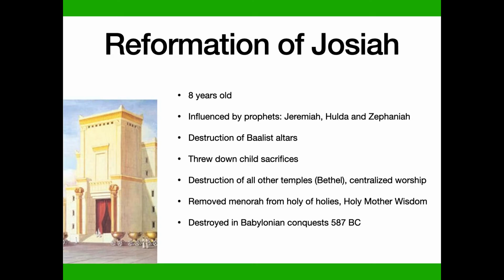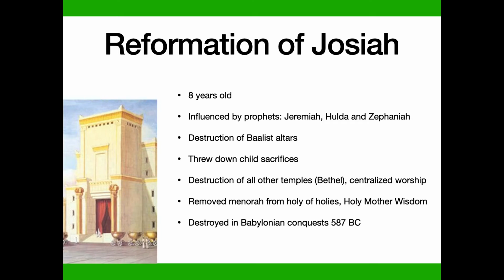So he's appointed when he's 8 years old. He kind of grows up in that kingly responsibility. He's influenced by the prophets Jeremiah, the prophetess Huldah, and the prophet Zephaniah. But he wants to do good, but he wasn't raised correctly. He didn't know the scriptures and stuff. He, in the temple, found the temple scrolls, the law of Moses, and it was an awakening to him.